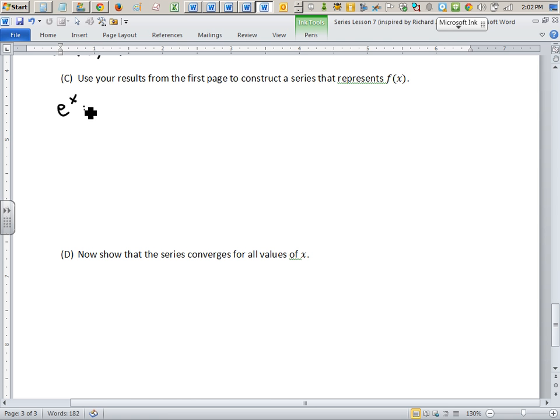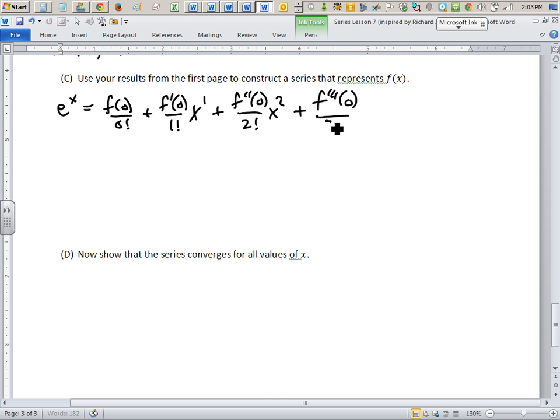So e to the x would be f of 0 over 0 factorial plus f prime at 0 over 1 factorial x to the first plus f double prime at 0 over 2 factorial x squared plus f triple prime at 0 over 3 factorial x cubed, and this goes on forever.